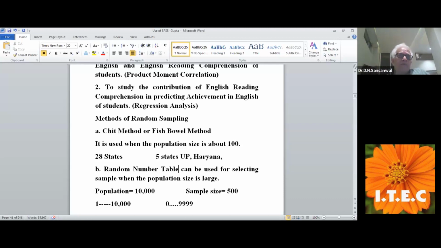Now, a random number table is a table in which there are columns and there are rows. For the numbers from 0 to 9, each digit appears an equal number of times in rows as well as columns.